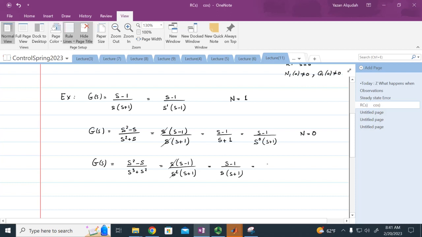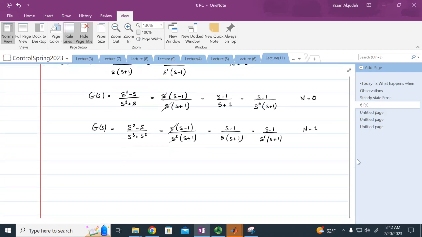And therefore, what is N going to equal here? 1. And we'll see in a second the significance of this N. Okay, let's do one more. S to the 5 minus S divided by S to the 4 plus S cubed.